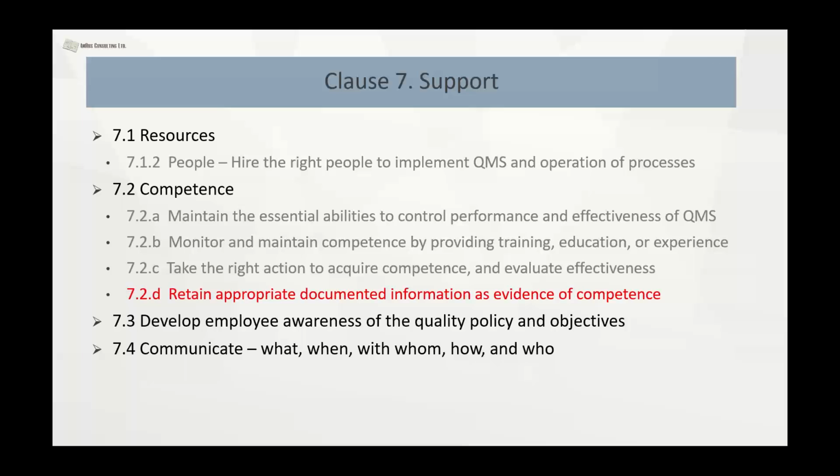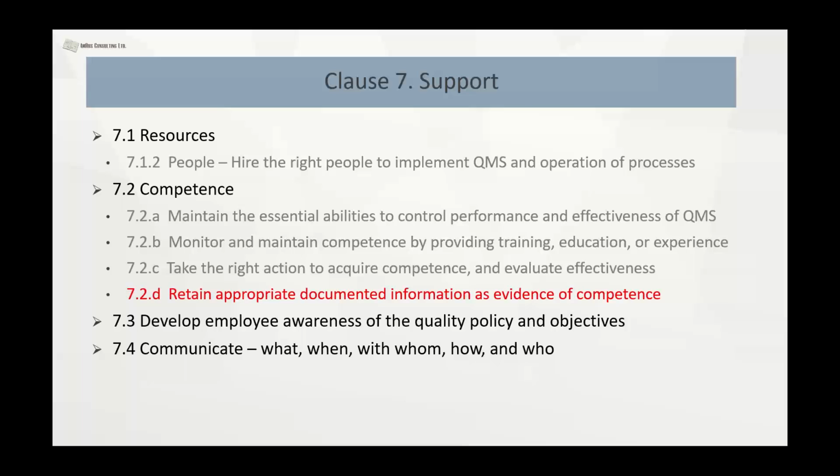A very brief introduction about what ISO requires as far as training: that appears in clause 7 under the support paragraph. They don't really use the word training. They're using the word competence.